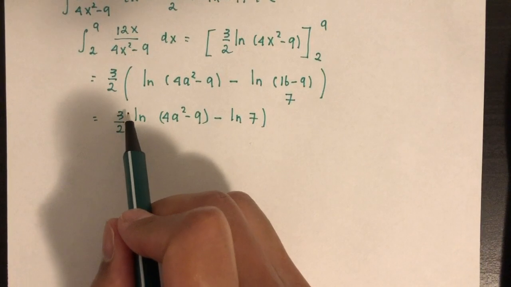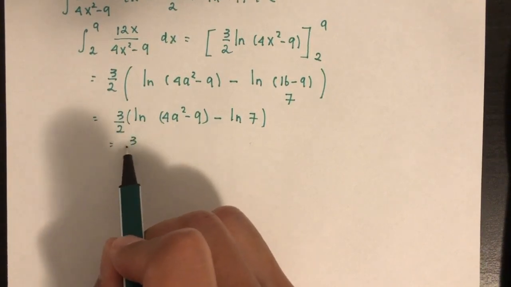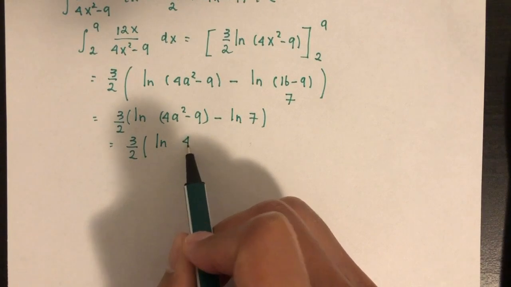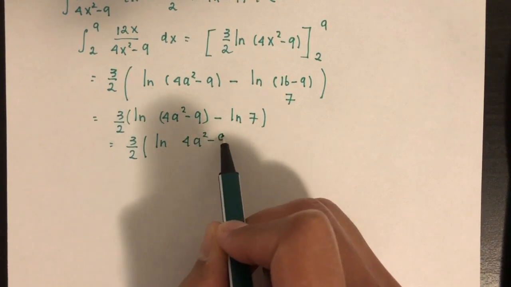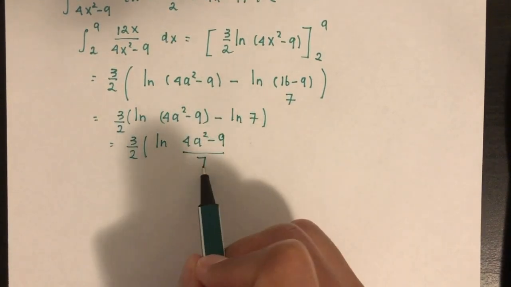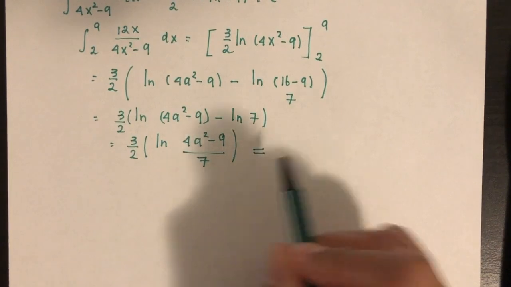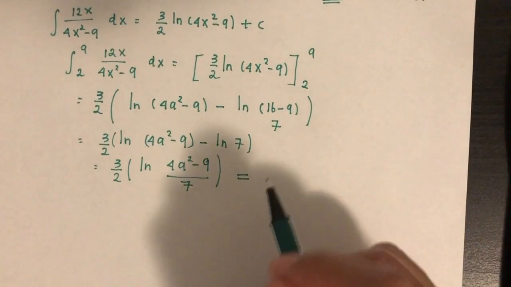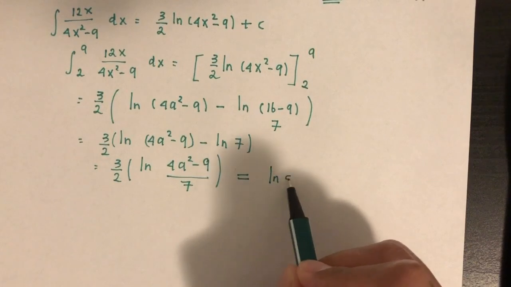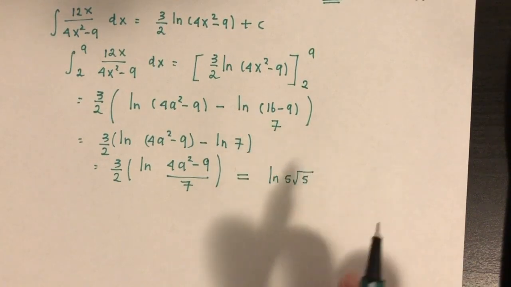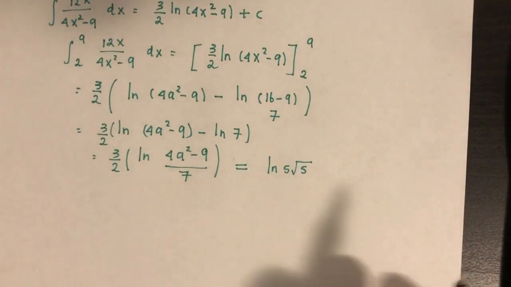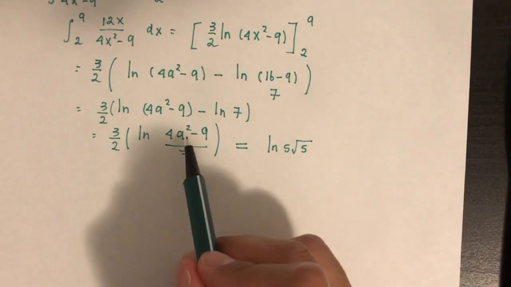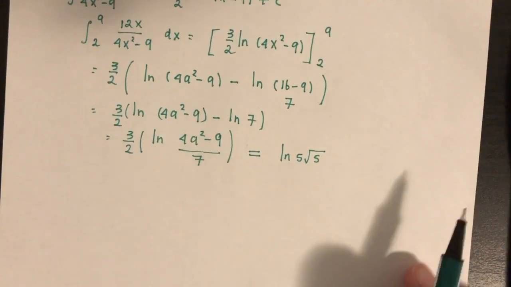If you simplify this, you will have 3 over 2, and the inside will be ln 4a squared minus 9 over 7. And this should give you ln 5 square root of 5. So let's see what we can do here. We have to find the value of a.